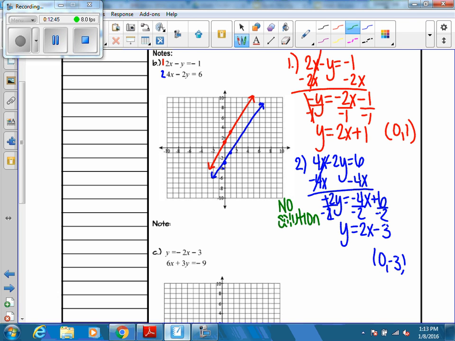If I look back at my equation, though, there's a note. If I look at my equations, my slopes are the same.